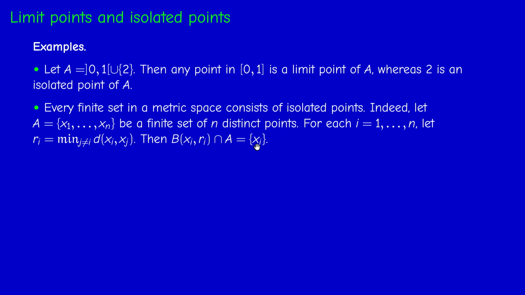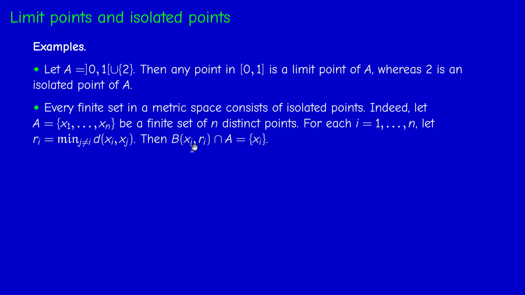How do you prove that? Double inclusion. Of course, xi is in A and xi is in B(xi, Ri). Conversely, if an element x is in the ball and in A, then it must be some xj. If j was different from i, then the distance would be bigger than or equal to Ri, but it is less.